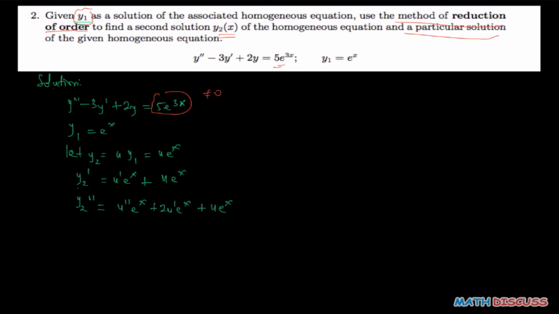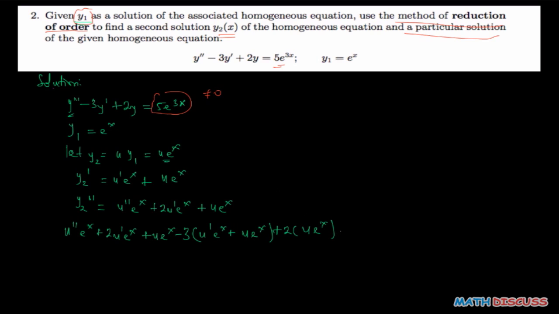So the next thing is we substitute all of them into here. On making a substitution, we have y prime prime, so this is my y2 prime prime, that'll be u prime prime e to the power x plus 2u prime e to the power x plus u e to the power x, then minus 3 times my y2 prime, that's u prime e to the power x plus u e to the power x, then plus 2 times y, that's u e to the power x.